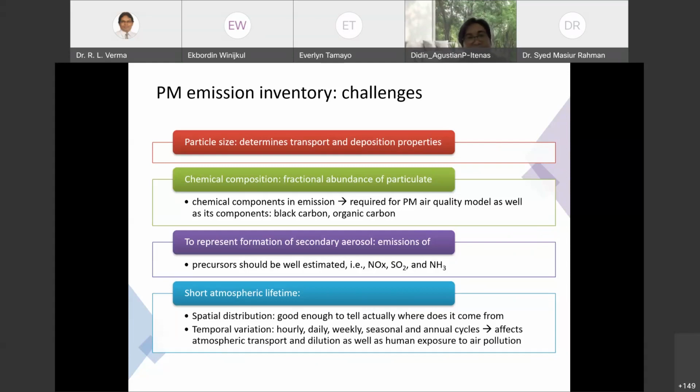And the second issue is related to the chemical composition, the fractional abundance of particulate matter, which is normally required for air quality modeling applications.